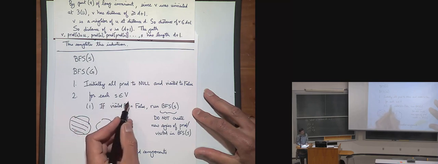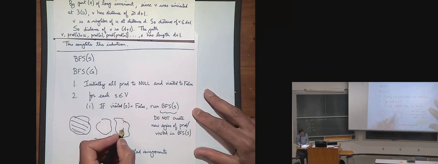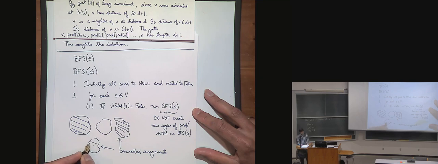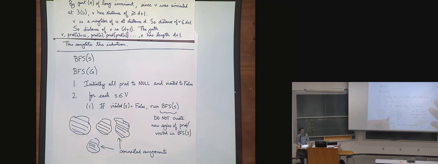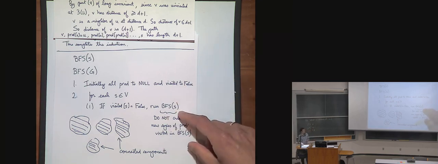So when this loop proceeds, it's never going to touch any one of these again. And then it's going to find some vertex here, and visit everything here. And then it goes here, visit everything here. So you don't get all shortest path information, because you're not running all possible BFSs.